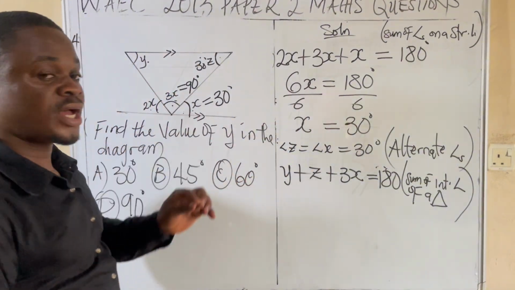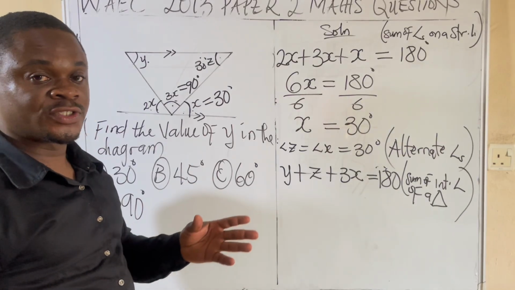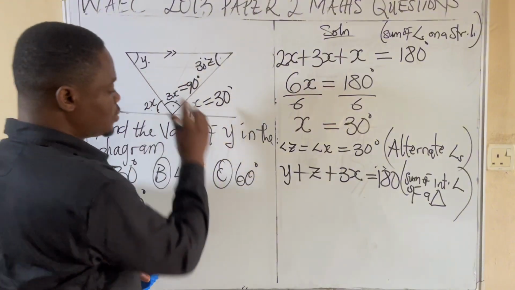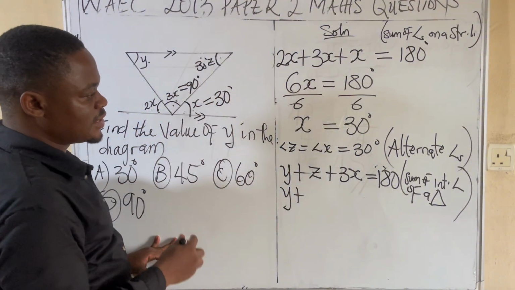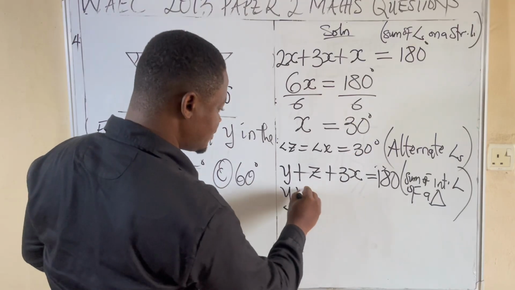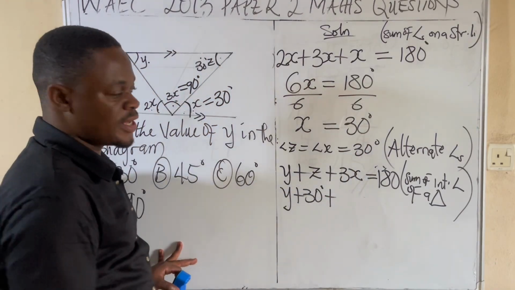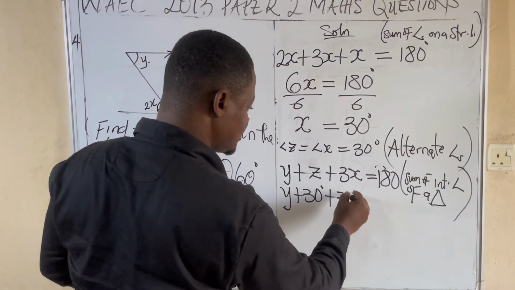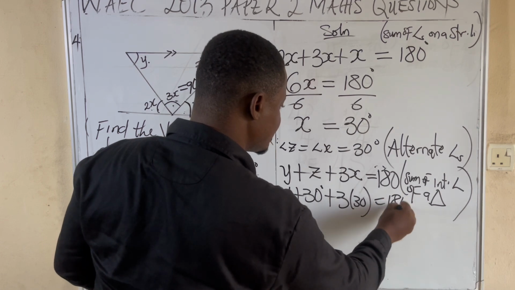When you add the interior angles of a triangle, it is going to give you 180 degrees. We don't know the value of y, plus we have established that z is equal to 30 degrees, and 3x is already 90, is equal to 180 degrees.